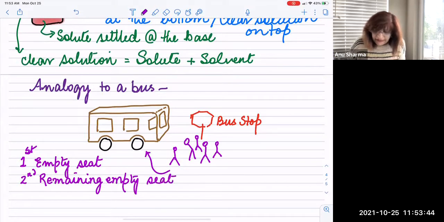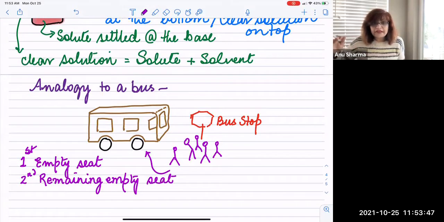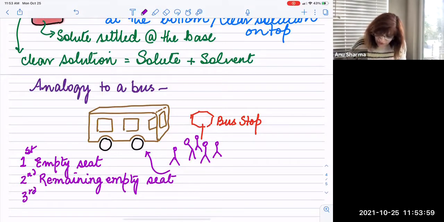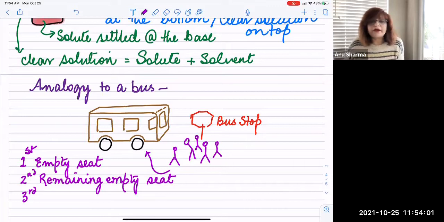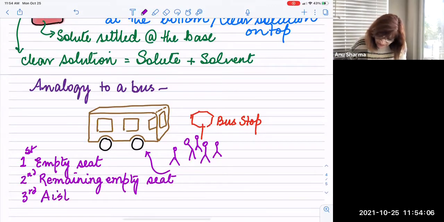Next, the bus moves again to the next bus stop, and nobody gets out of the bus. People are still waiting at the third bus stand to board. When they see nobody's getting out and all the seats are occupied, where are they going to stand? They take the aisle; they stand in the aisle.